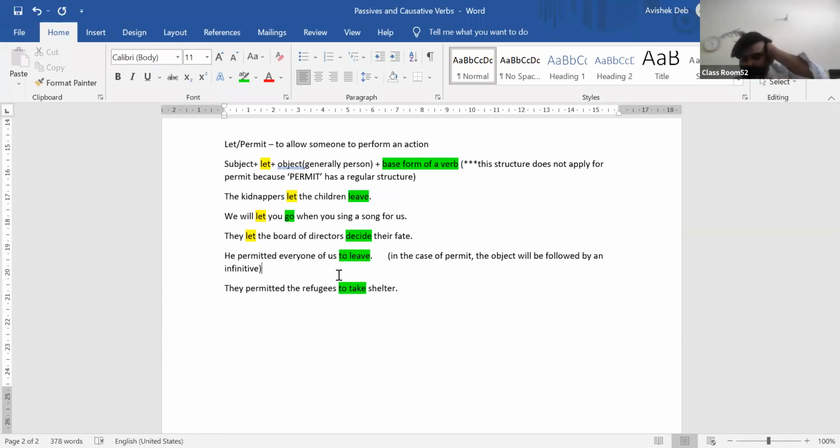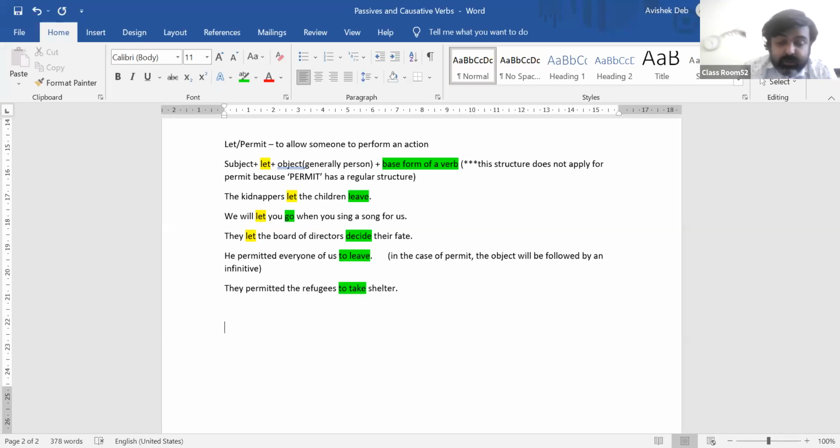Now, having said this, we move on to the next because we have got many examples from these particular sentences. I mean, just one particular causative verb.